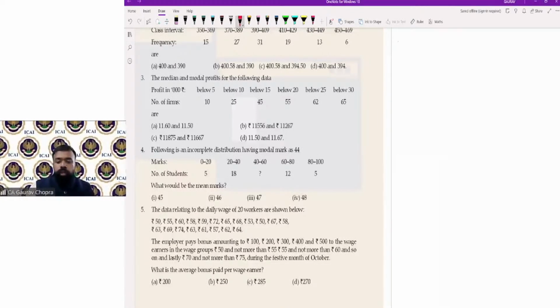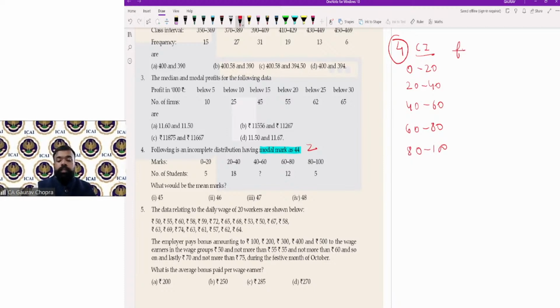Question number 4 is about modal marks. In this question, it says the following is an incomplete distribution having modal marks 44. This is the mode basically. The mode is 44. So marks are given 0 to 20, 20 to 40, 40 to 60, 60 to 80, 80 to 100.